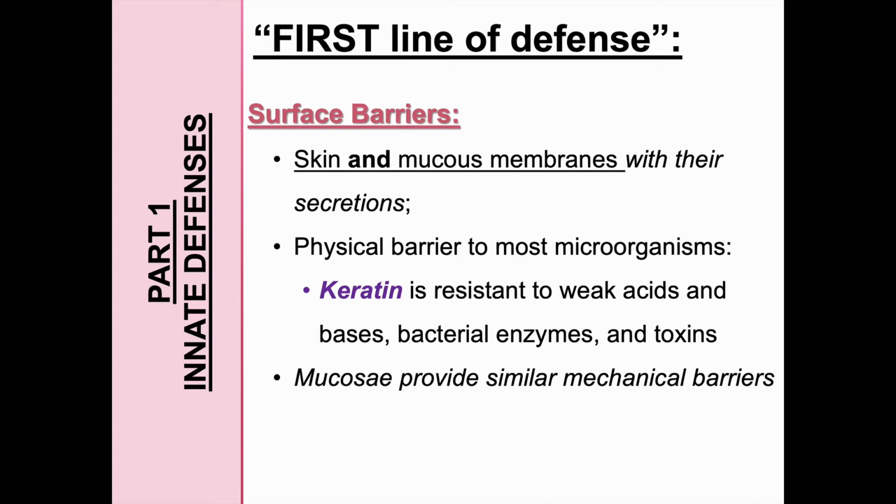This keratin resists weak acids and bases, bacterial enzymes and toxins. Mucosa in the GI tract provides a similar mechanical barrier. It doesn't allow bacteria to penetrate inside the body. So the skin is a good protector organ. Skin is said to be the largest sensory organ. It is also a good protective mechanism.